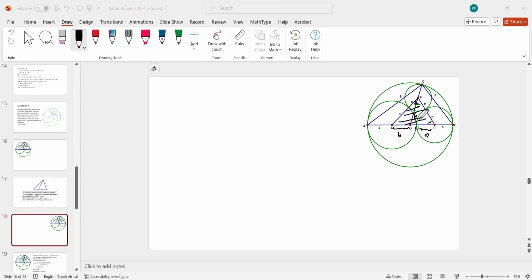I called it P. Right? PO is P. Okay, and also you have that R, which is the large radius.